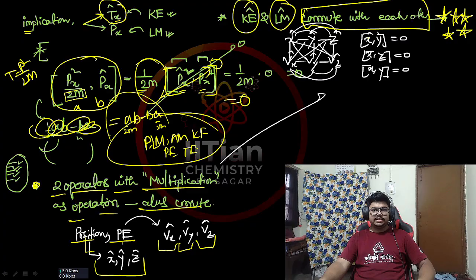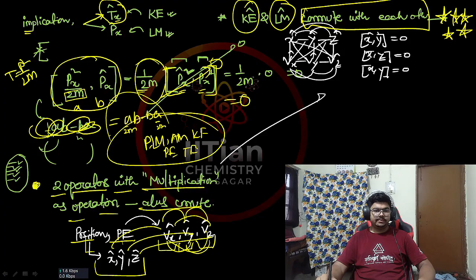So x will commute with y, x will commute with z, z will commute with x, y will commute with x, and Vx will commute with Vy, Vz, and so on: x Vx, y Vy, z Vz, x Vy, x Vz, y Vx, y Vz.